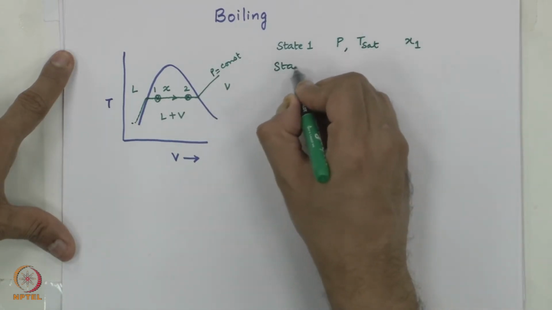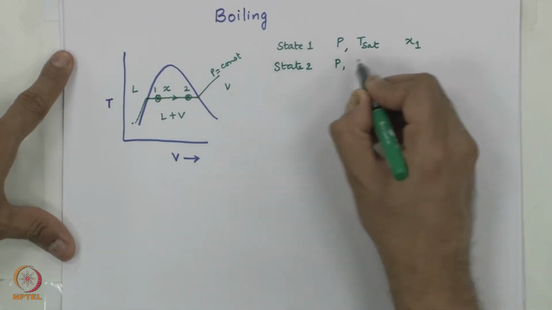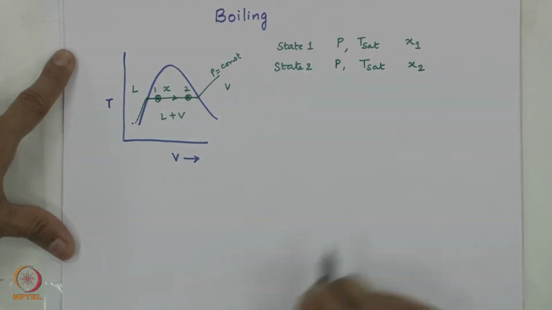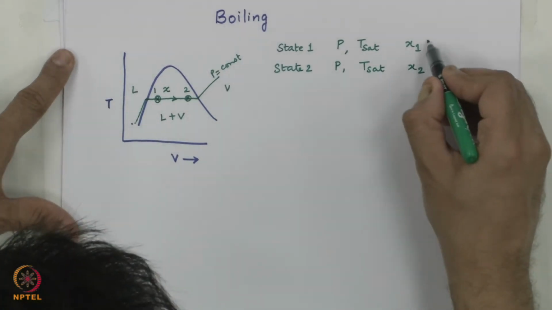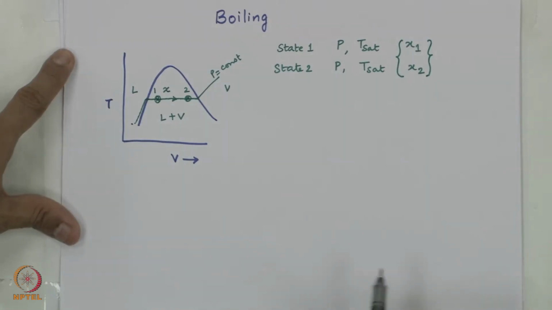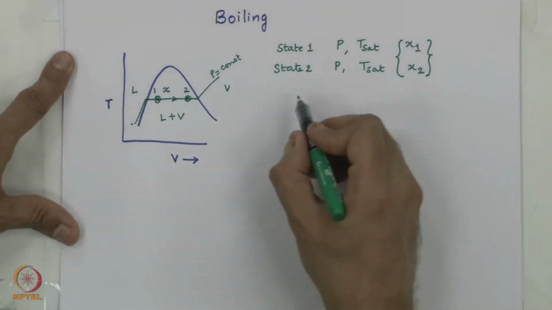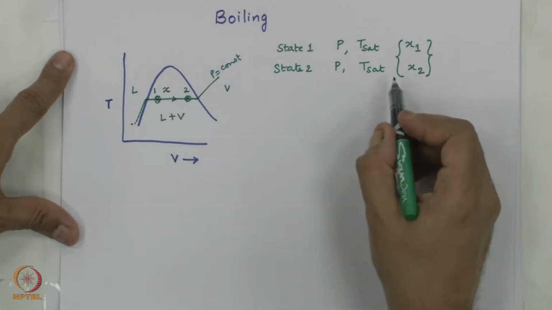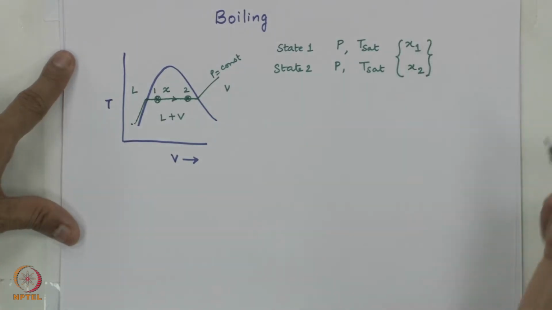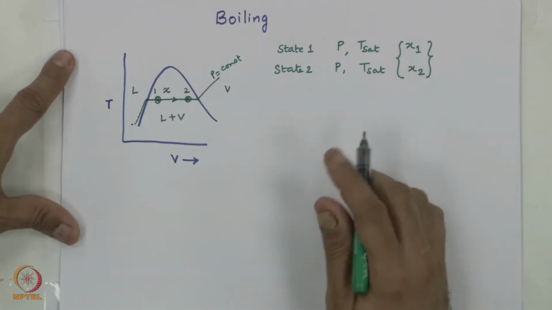State 2 on the other hand is also at P, T sat, but thermodynamic quality x2. The difference in these thermodynamic quality values makes these two states unique, and the amount of heat added between state 1 and state 2 is responsible for conversion of that much amount of liquid to vapor.